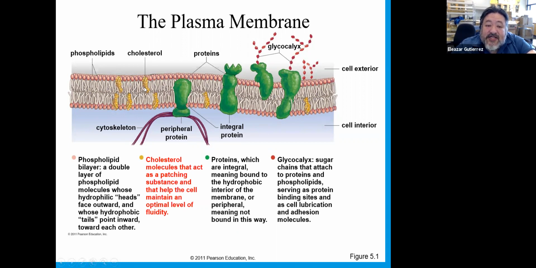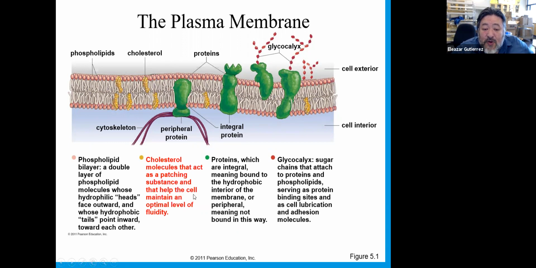But what this cholesterol does when it comes to the membrane is it introduces randomness. So now where you usually have these phospholipid tails like this, the cholesterol gets in the middle and it pushes them apart. It introduces randomness, okay?